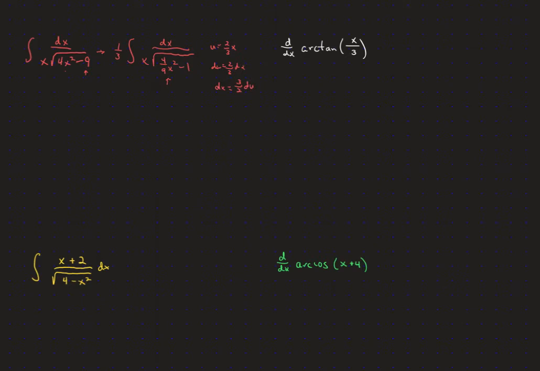So our evolving integral here, now the dx will be replaced by 3/2 du, and that's going to now be an x outside the radical, and inside is a u squared minus 1. So we can bring this 3/2 outside. It's going to cancel with the 1/3 and be a 1/2, but we have another issue here.